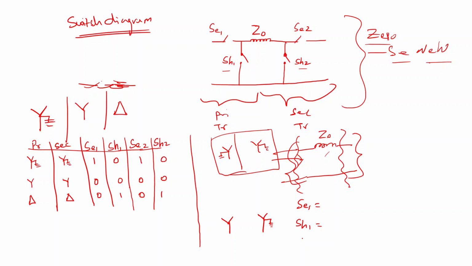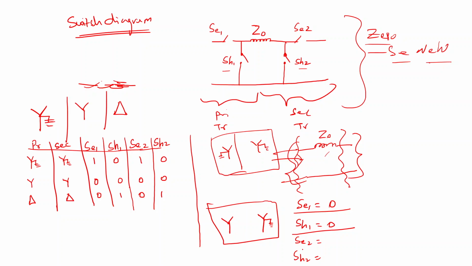Okay, here you tell me for this case. For this case, SE1 is equal to 0. SH1 is equal to 0. SE2 is equal to 1. SH2 is equal to 0.